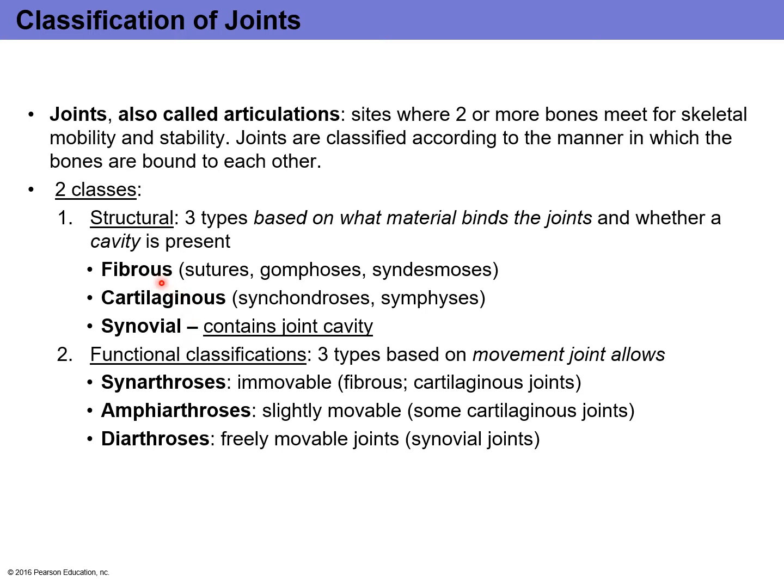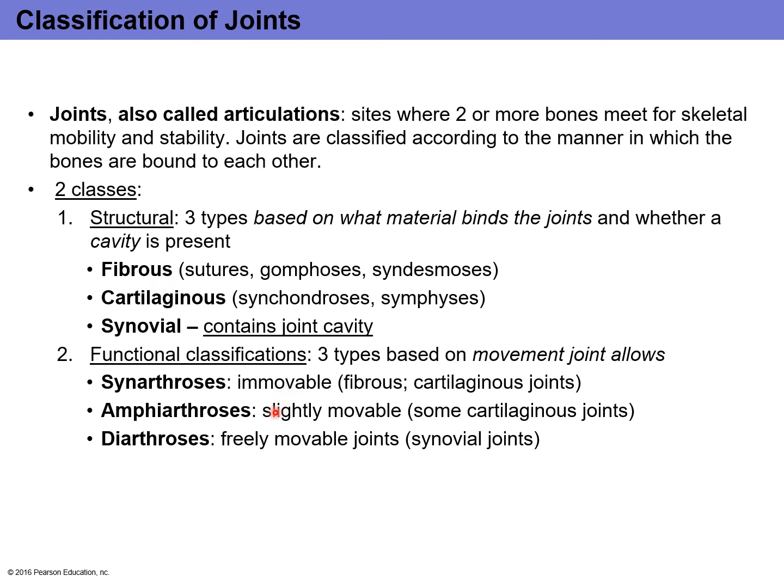Well, when you say fibrous joint, what we're talking about is typically a lot of collagen. So there will be a lot of connective tissue fibers existing between the bones that are joining together. And in this case, if there's a lot of fibrous connective tissue between them, then functionally, in most cases, if it's a fibrous joint, you can say it's immovable.